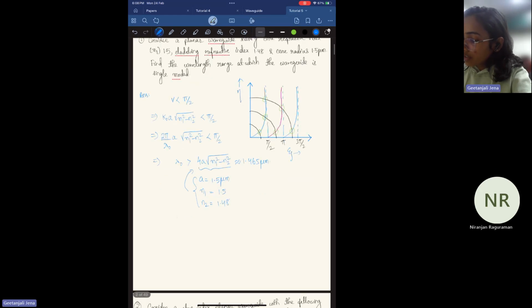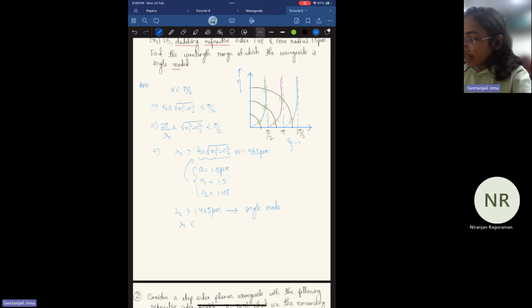So that means if the wavelength of the source you are using is greater than 1.465 micrometer, then the waveguide will support only a single mode.